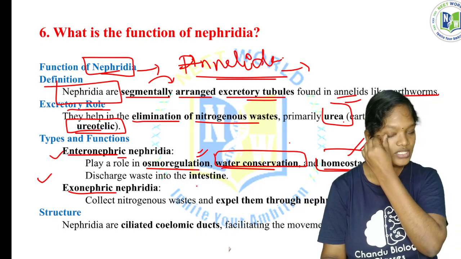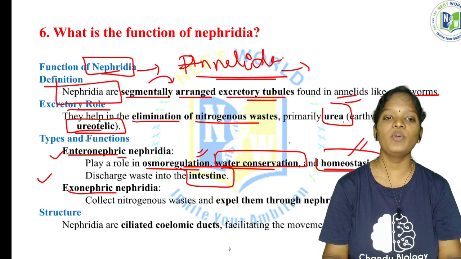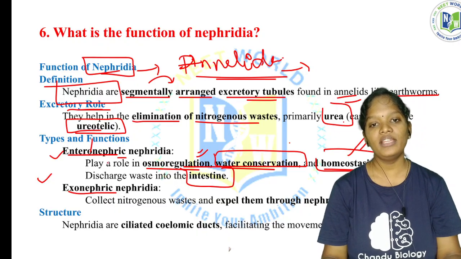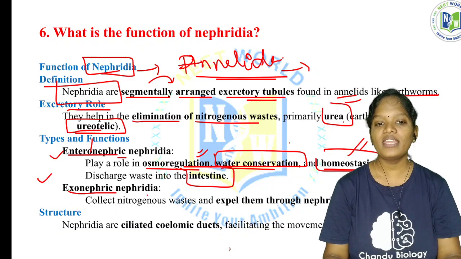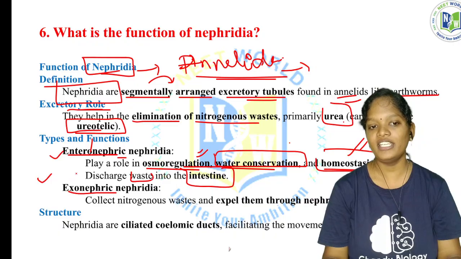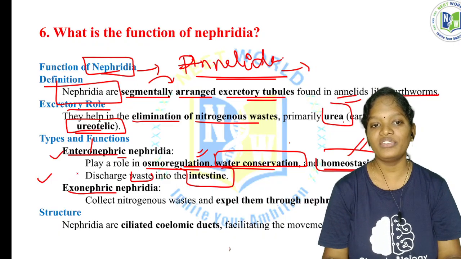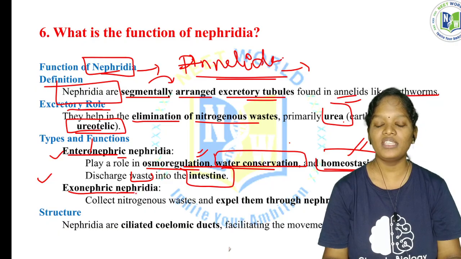They discharge their waste into the intestine, which is why the name is entero. The word entero always refers to the intestine. As they discharge the waste into the intestine, this nephridial type is called enteronephric nephridia. The next type is the exonephric nephridia.